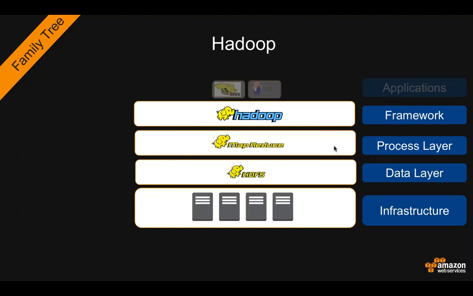So a couple of the first applications that were written, the first was Hive, which is a SQL-like layer across Hadoop and MapReduce, which allows people to write in a SQL-like language, and that would then be translated into MapReduce so that you could get your result sets.